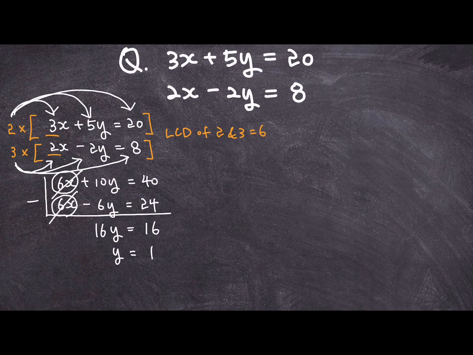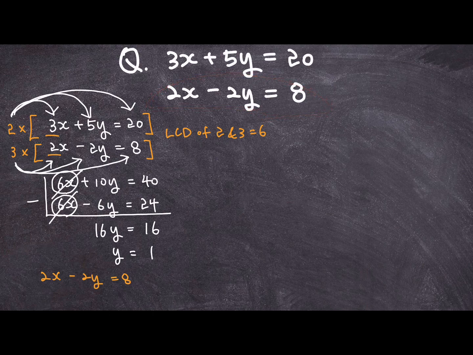And I am going to go back to my original equation. Whichever is fine, this one or this one, but let's choose this one. So I'm gonna rewrite that equation. 2x minus 2y is equal to 8. That's this equation right here.